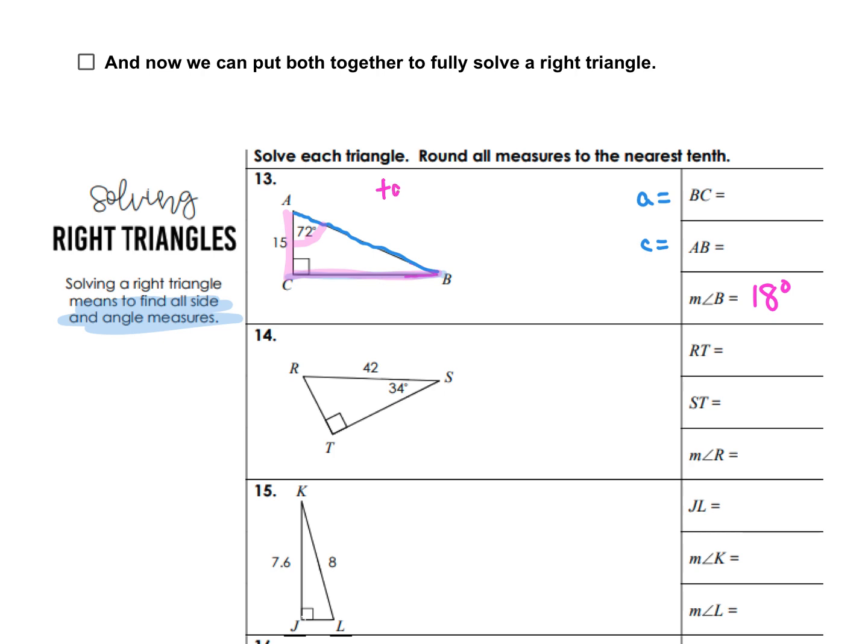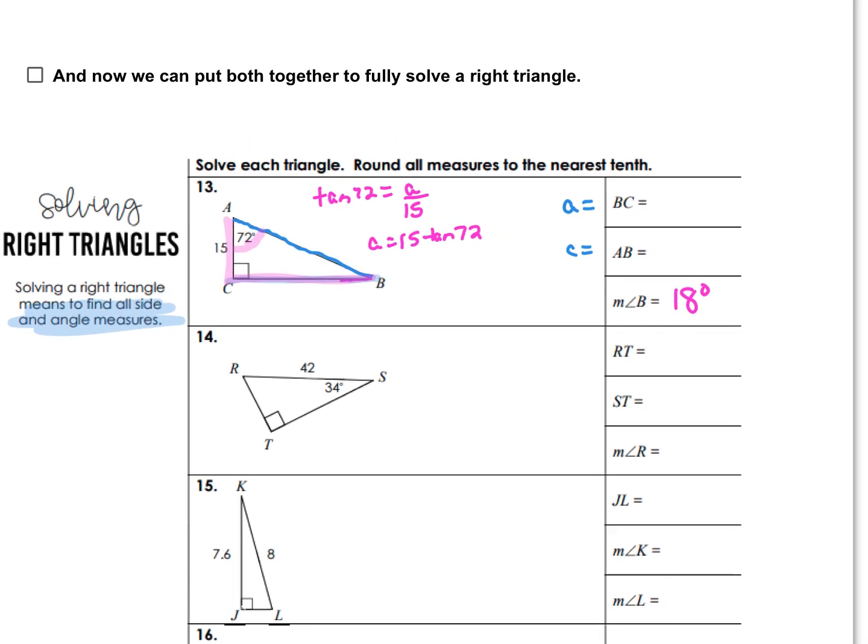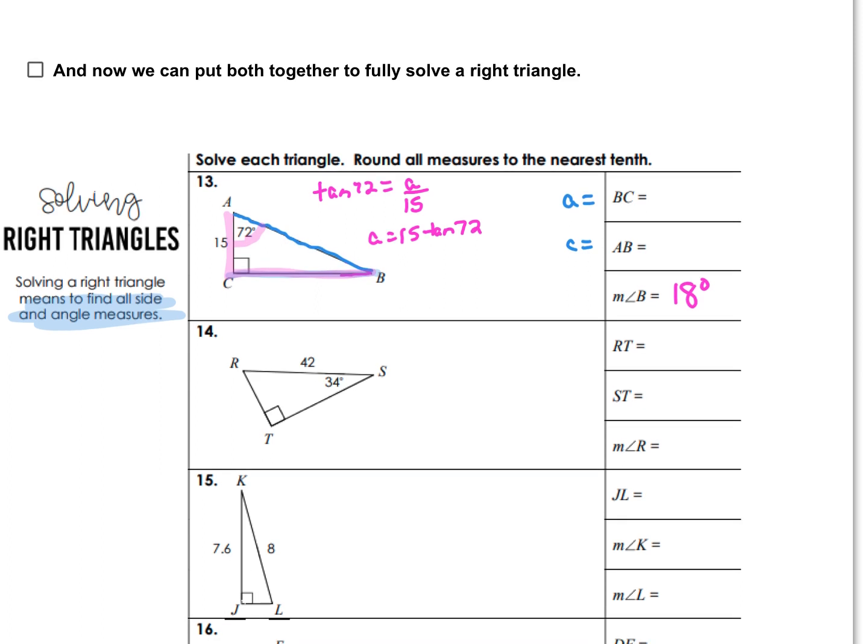We're going to say tangent of 72 has to be equal to opposite, which in this case is that side A, over 15. So then to solve, we're going to do 15 times the tangent of 72. And if we plug in and we round to the nearest tenth, what does that give us? 46.2. Sounds good.